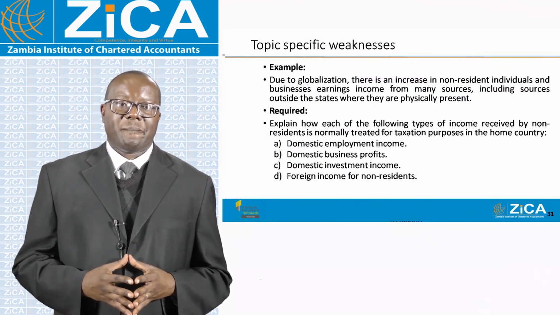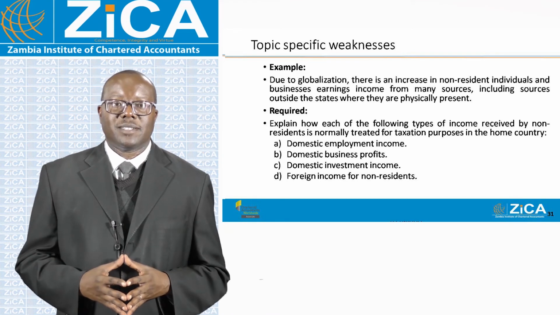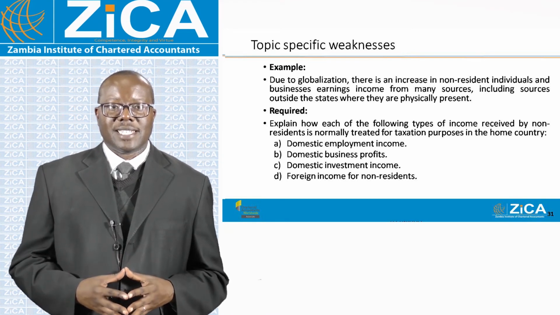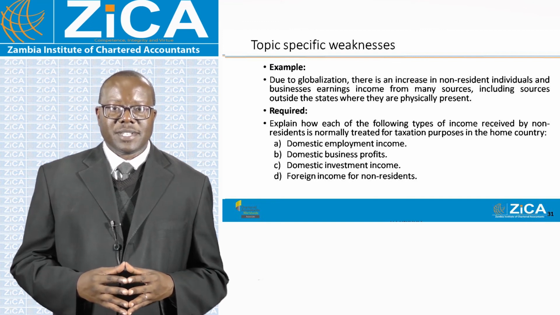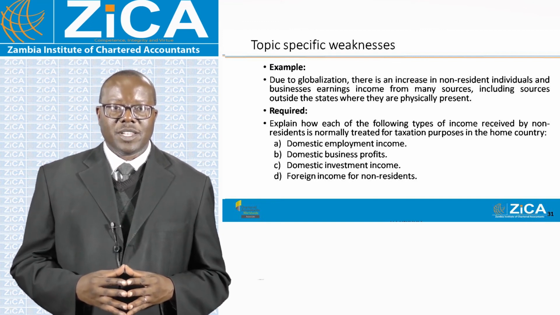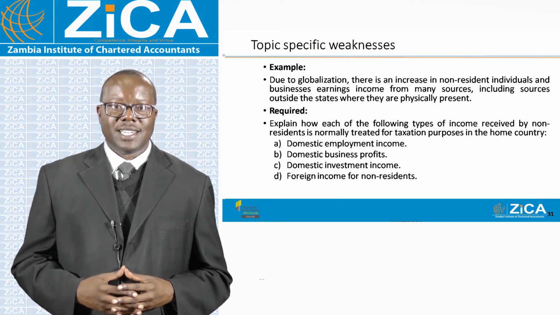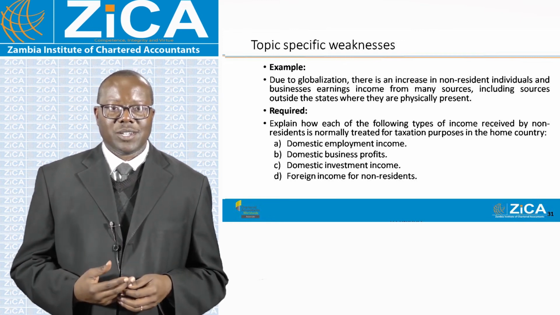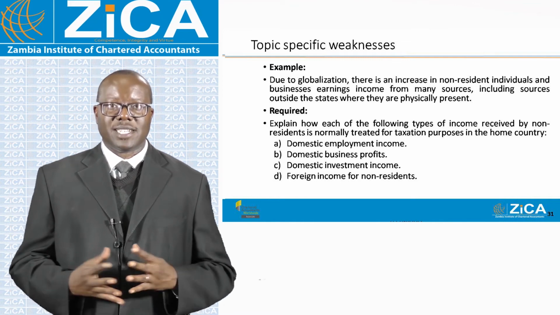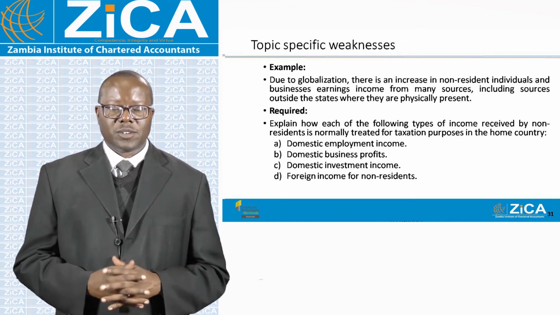For example, due to globalization, there is an increase in non-resident individuals and businesses earning income from many sources, including sources outside the states where they are physically present. Required.